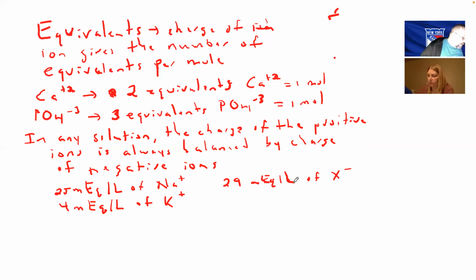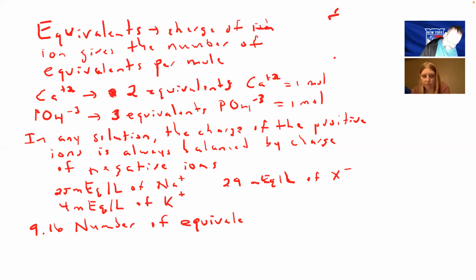So in terms of looking at questions, if you take a look at something like 9.16, where you want to know the number of equivalents in each of the following. And letter A, I'll skip letter A. If I go to letter B, it would be 0.5 moles of H plus.